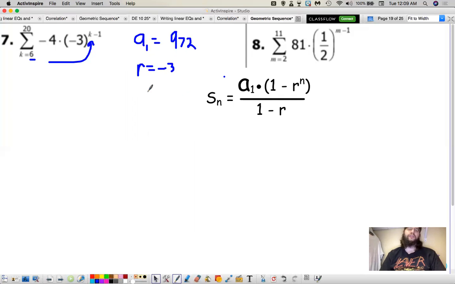Now here's a question. What is N? Remember, N is the number of numbers we're dealing with here, the number of terms. You might be tempted to say 14 or 20, but let's think for a second. How many numbers are there from 1 to 10? There's 10, right?